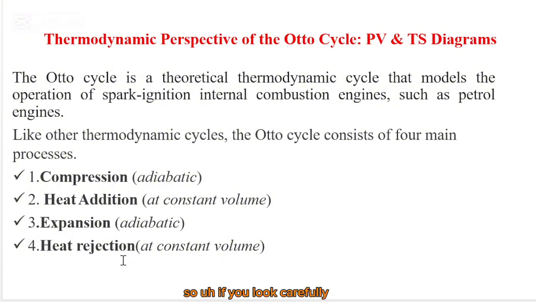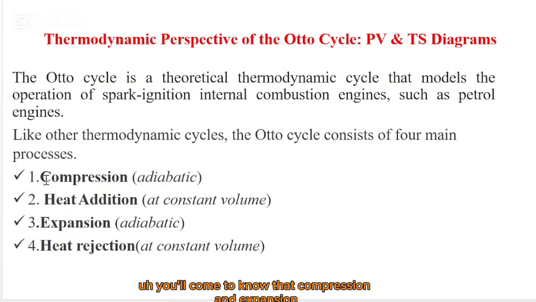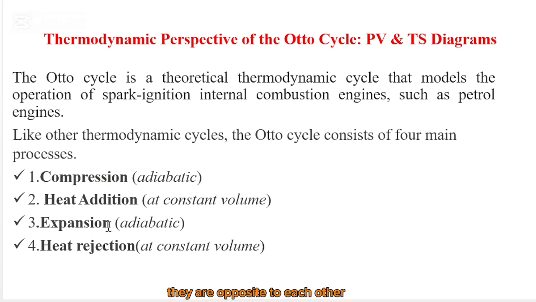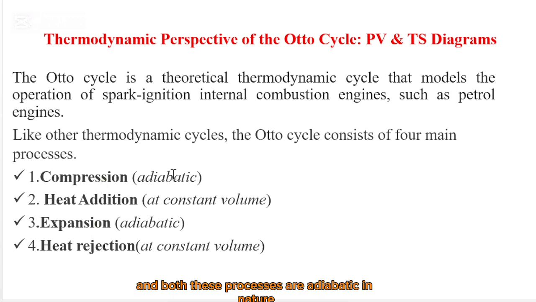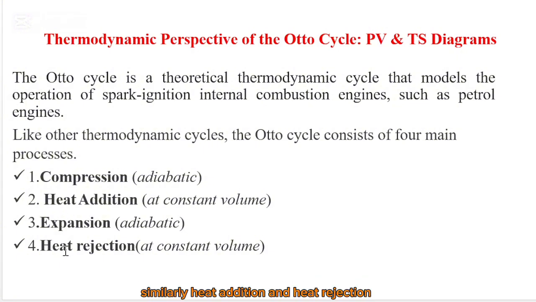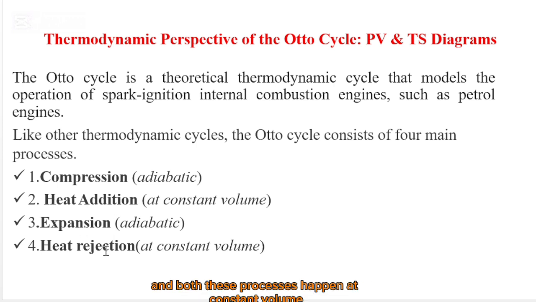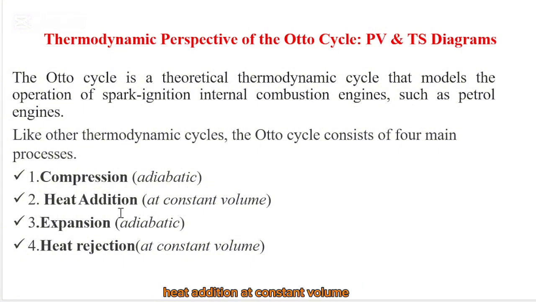If you look carefully, you'll come to know that compression and expansion are opposite to each other, and both these processes are adiabatic in nature. Similarly, heat addition and heat rejection are opposite to each other, and both these processes happen at constant volume. So you can also name them as adiabatic compression, heat addition at constant volume, adiabatic expansion, and heat rejection at constant volume.